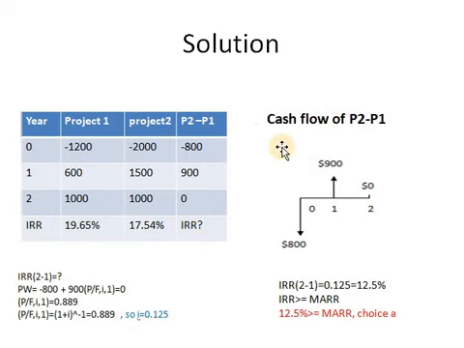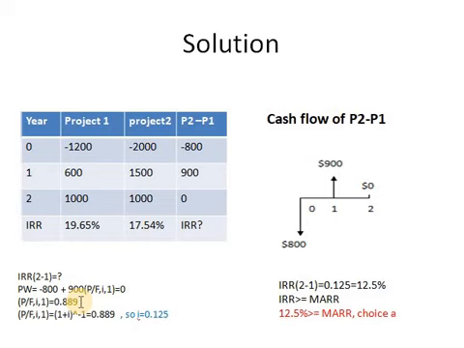What is the first step in doing the IRR? Setting the present worth equal to 0. So what do we have in my present worth? Minus 800 initial investment plus 900, a future value at year 1, equals 0. So I know that the factor P given F, i, 1 equals this value. We can use the several methods that we have learned.